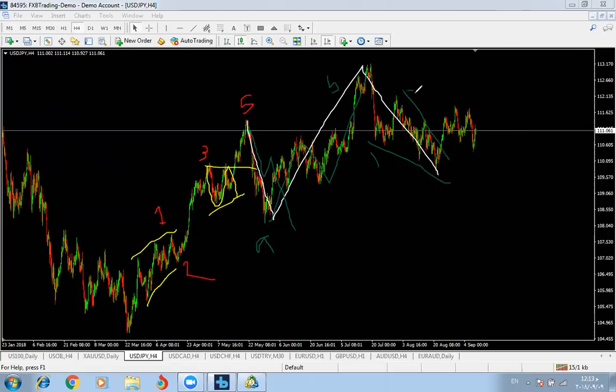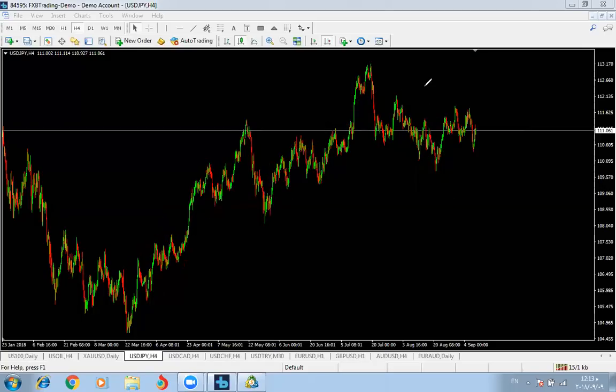This is 1, this is 2, this is 3, this is 4, and this is 5, in the form of a contracting ending diagonal to the downside. So the whole structure is like this. This is 1, this is 2, this is 1, and this is wave 2.